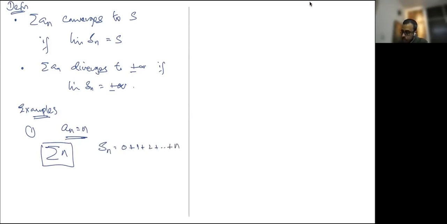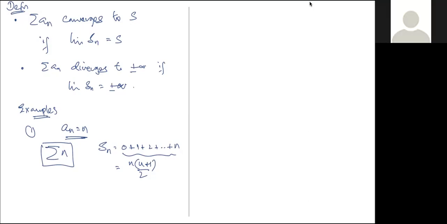It is the sum of the terms up to the nth term. So this you can sum. So what is the expression? So what can you say about this series? Does it converge? Diverge to plus infinity. Diverge to plus infinity.